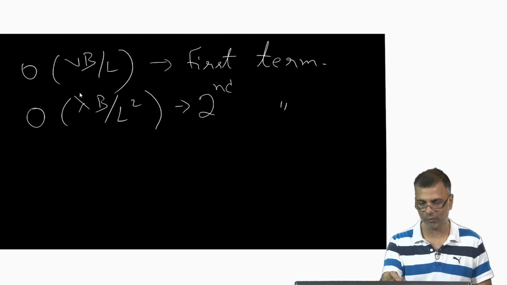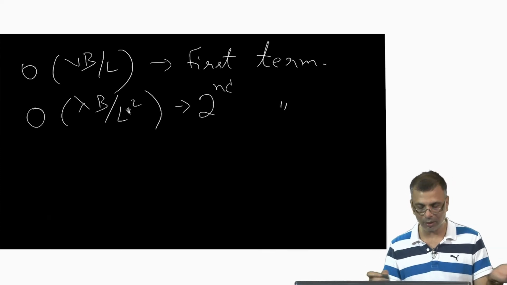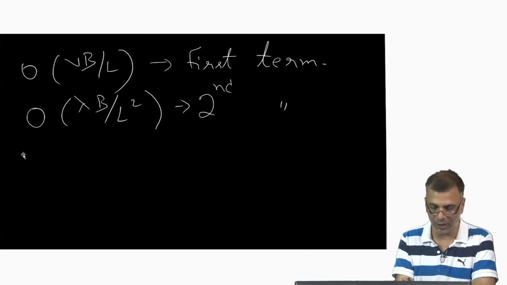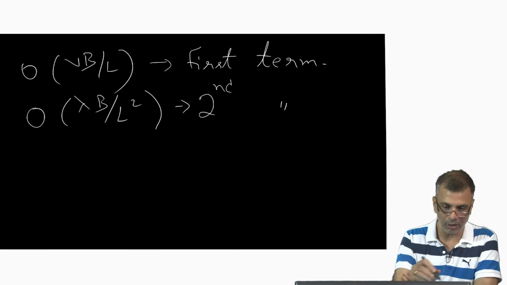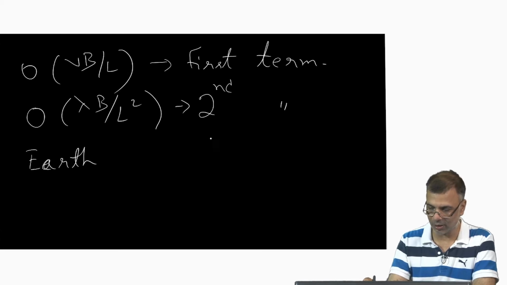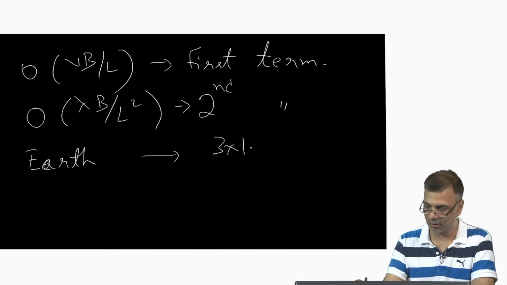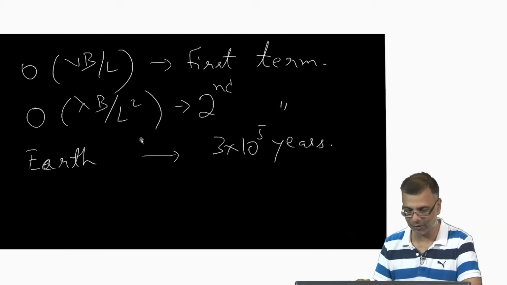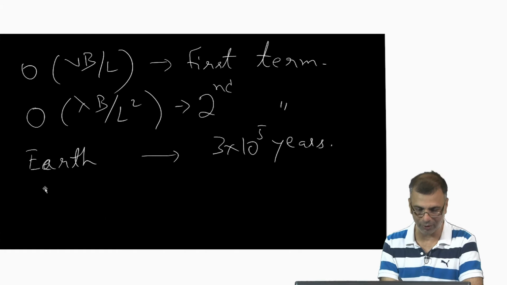So, let's look at the time scale of decay for certain well known objects. For the Earth, given the values of the conductivity and the length scales, the time scale for resistive decay is something like 3 times 10 raised to 5 years.